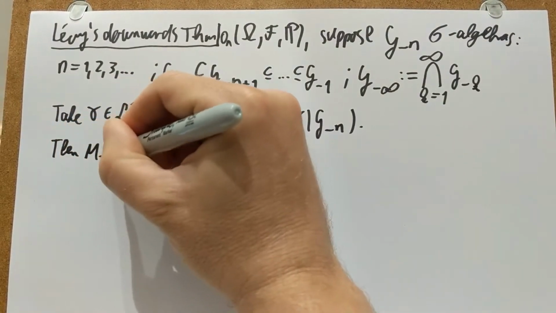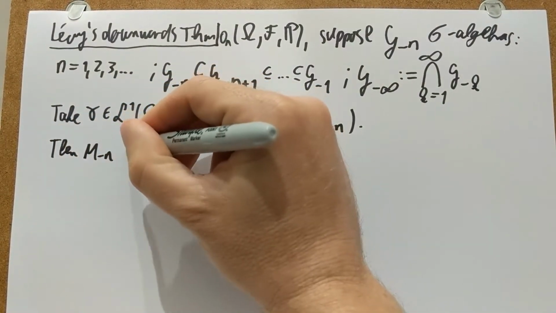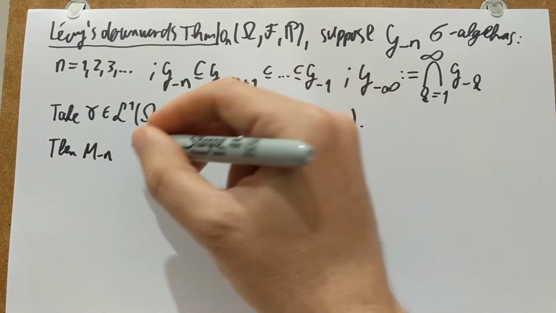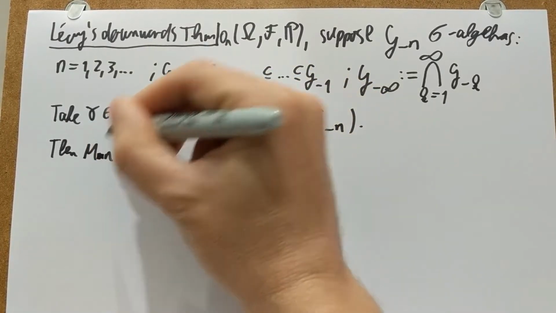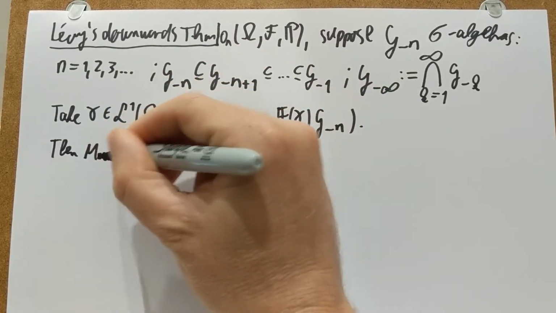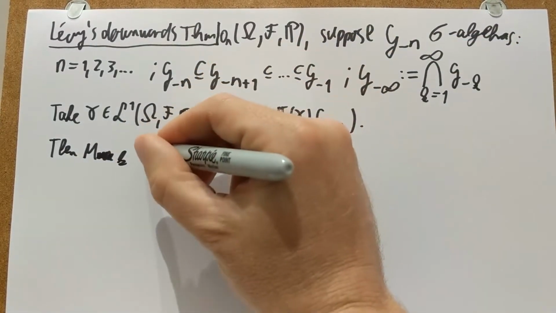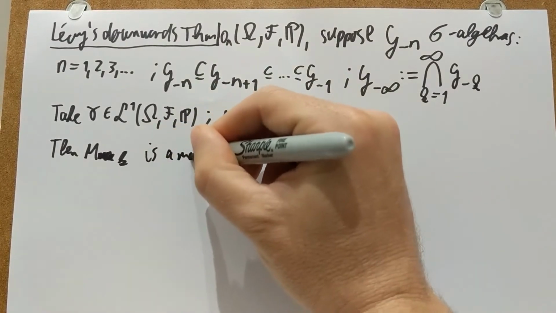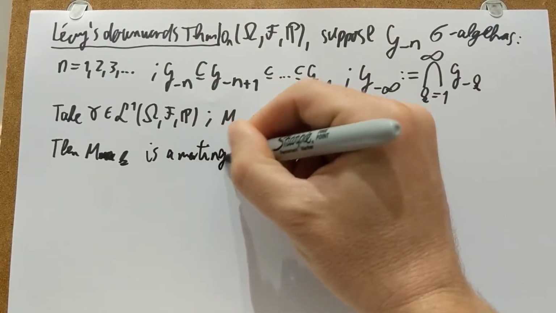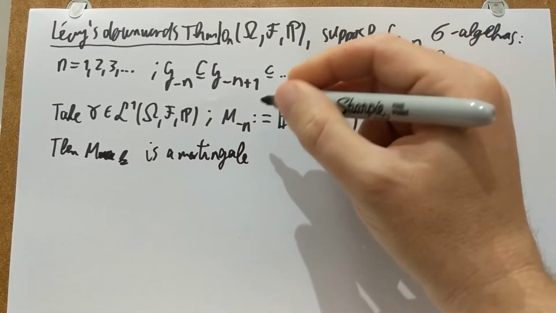Let's use k here: M of k, where I'm using k for minus n, is a martingale.